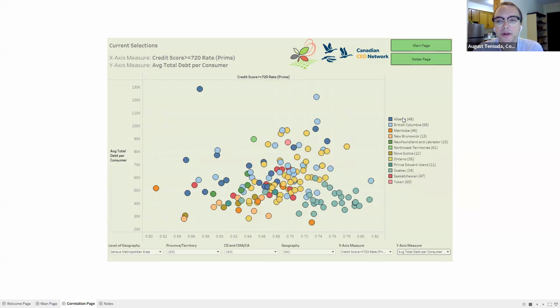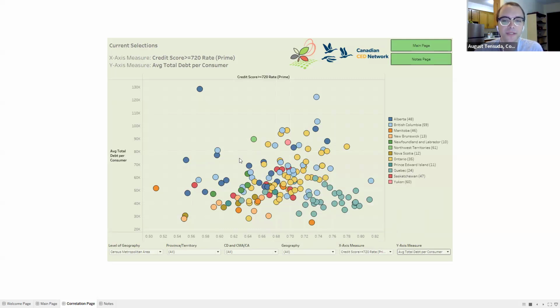And then likewise, the coloring is for the provinces right now. I believe the coloring, yeah, the coloring is just for provinces. It's hard to do coloring when you have so many dots, and making the coloring useful. So it's just provinces. And you can see right here that the provinces are kind of all just a mishmash. Quebec is grouping together here a bit, but it's kind of just a mishmash, which shows that there isn't much dependence on province, which is kind of expected.